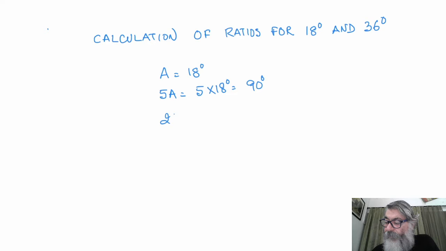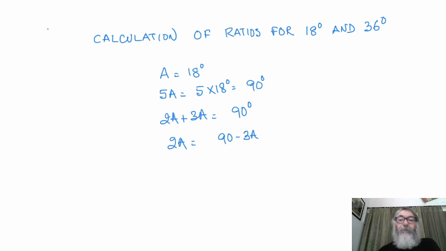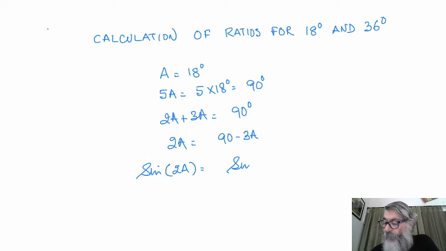5A can be written as 2A plus 3A, which is equal to 90 degrees, or I can write 2A as 90 minus 3A. So I can write sine 2A is equal to sine of 90 minus 3A.